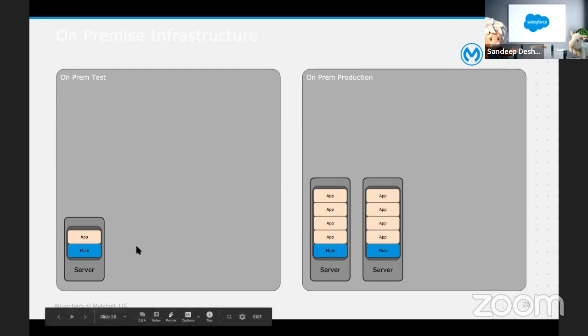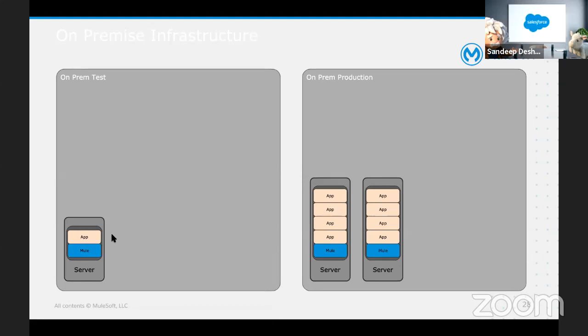This is an example of on-prem infrastructure. On the left-hand side, if you see, it's very important whenever you do your performance testing to make sure that you're doing it in an isolated environment, so you don't have other applications competing for resources when you're deployed on-prem.